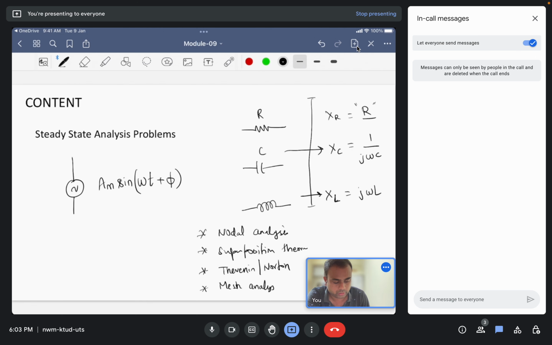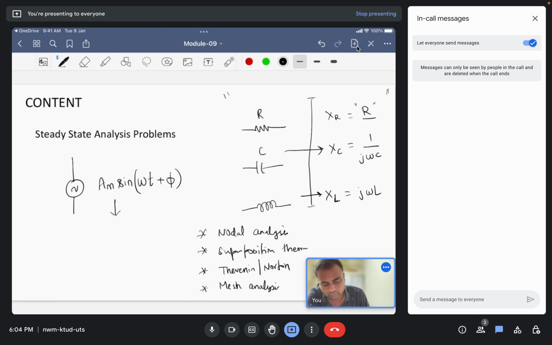All these theorems will work the same as we did for a DC source problem. The major change here is that we'll treat the impedance like this, and we have to write this Em in terms of a phasor.